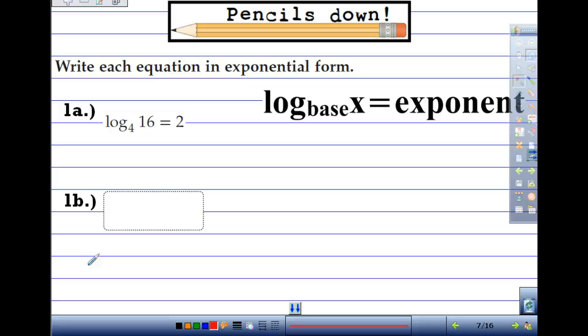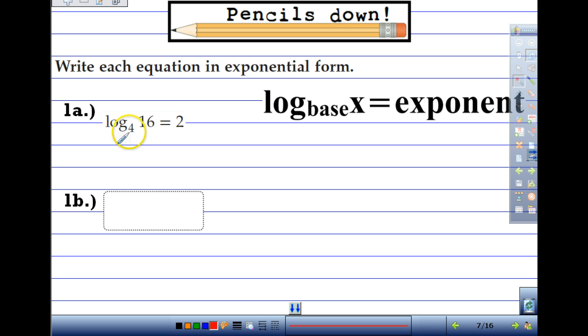So here's something: logarithm of base 4, 16 equals 2. What does this mean in terms that we're familiar with? Well, maybe you can piece it together. Look at the numbers. How are they connected? You can probably see it real fast here.